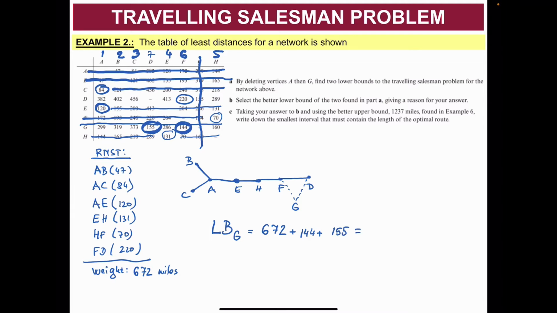So the lower bound here would be 971 miles.